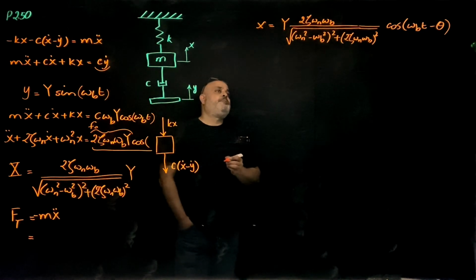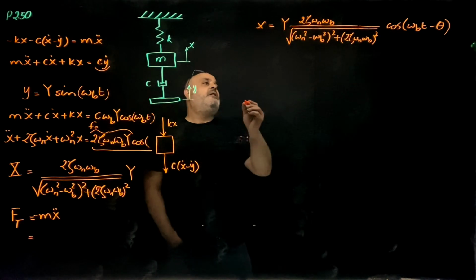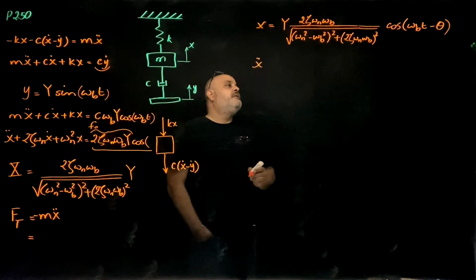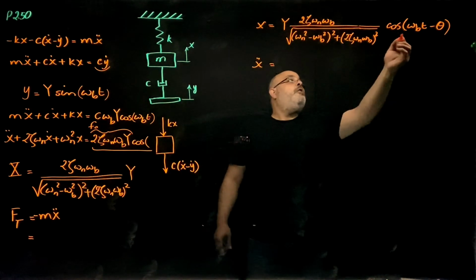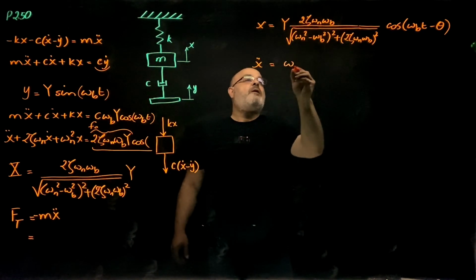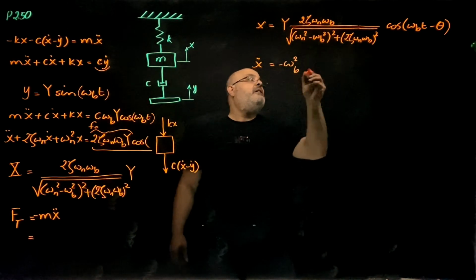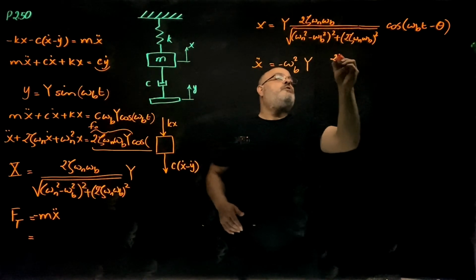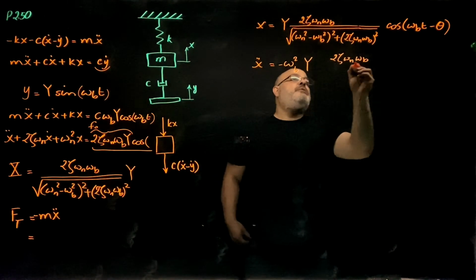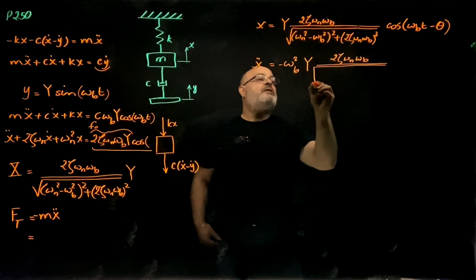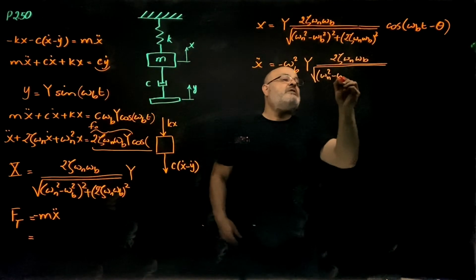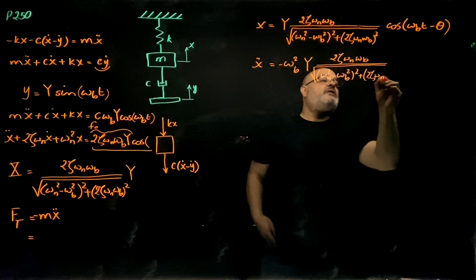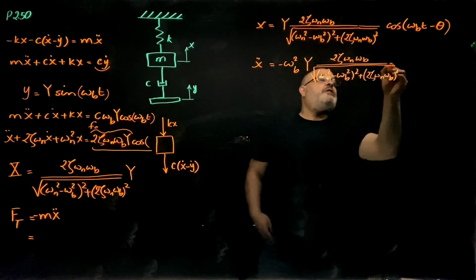So that means x double dot is equal to negative omega b squared, the second derivative of the cosine, times Y 2 zeta omega n omega b divided by the same square root of (omega n squared minus omega b squared) squared plus (2 zeta omega n omega b) whole squared.